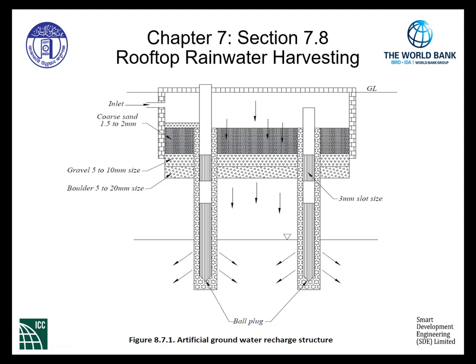It then passes through the filter where silt is trapped. The bottom of the filter should be at least 5 meters above the highest groundwater table, so an additional level of filtration is achieved. Note that groundwater shall not be drawn from the recharge structure for any purpose.